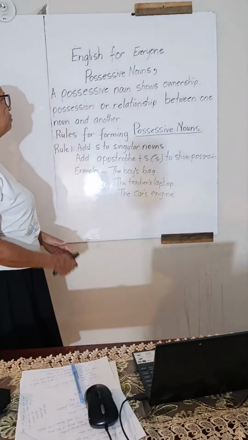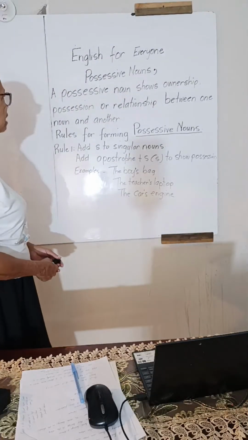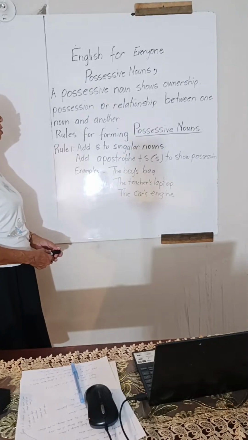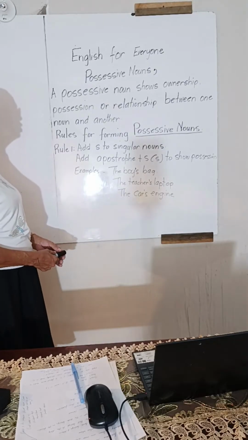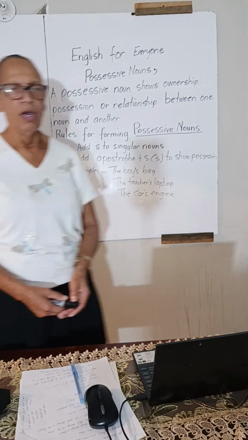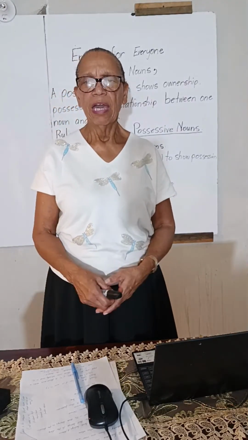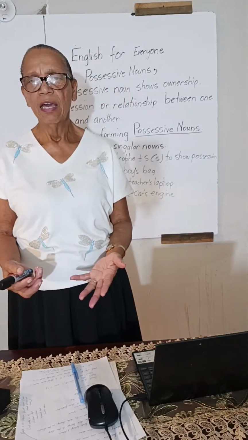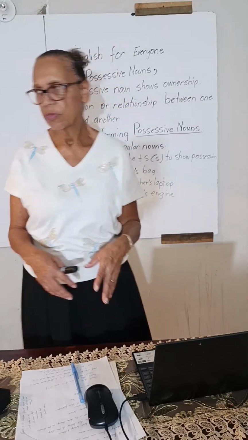Let's read the definition. A possessive noun shows ownership, possession or relationship between one noun and another. As I said, Milton's book, Karen's pencil, belonging to.